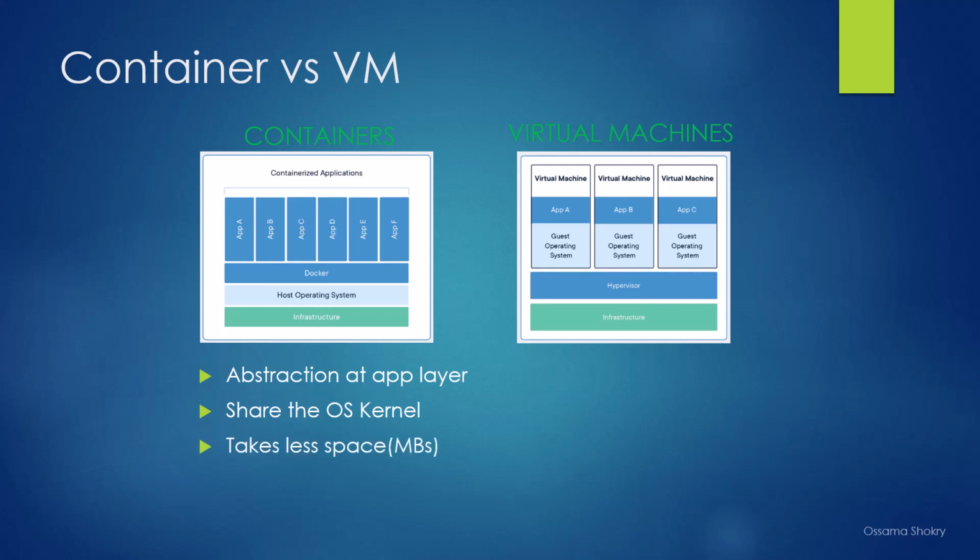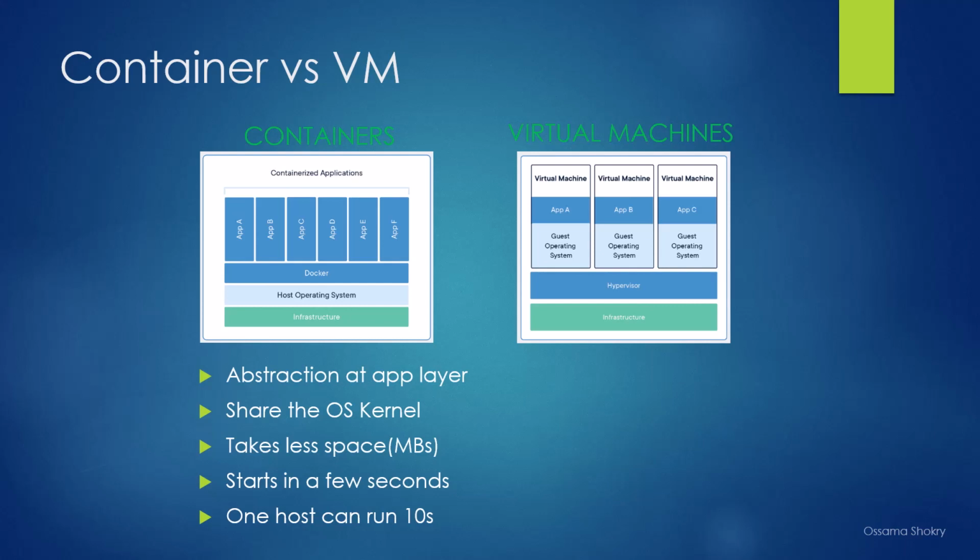Containers take less space than virtual machines, typically tens of megabytes in size. Containers start in a few seconds because a container is just a process tree on the host operating system. And since there is no guest operating system overhead, one host can handle tens or even hundreds of containers.